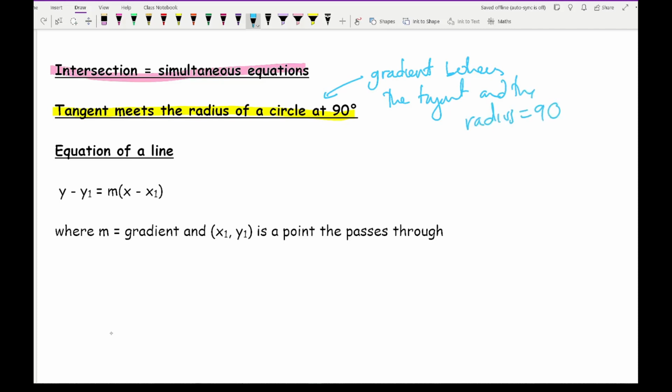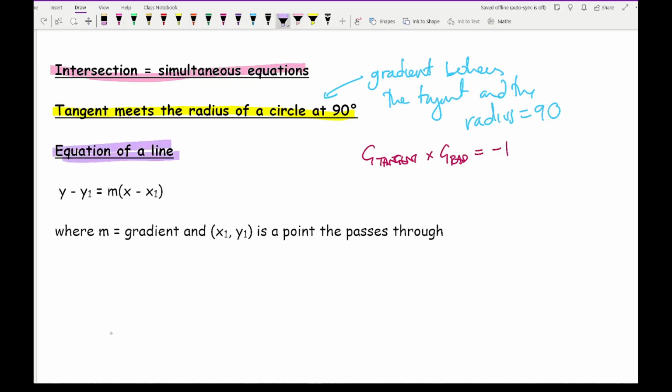So in other words, what you've got is, let me write it properly, the gradient of the tangent, not the line, multiplied by the gradient of the radius equals minus 1.